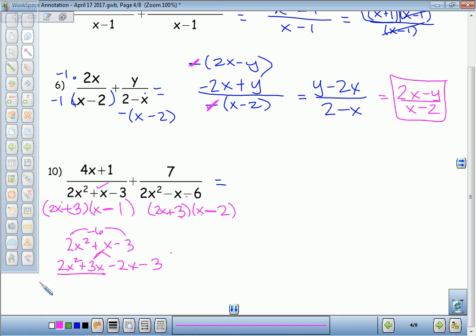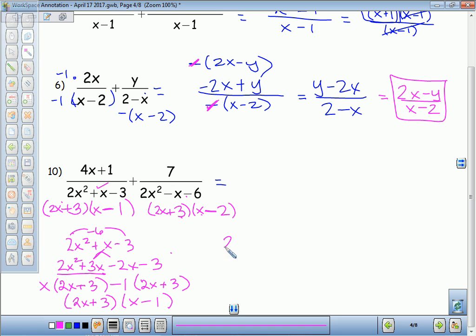And then you take the x out of the first group, and it leaves you with 2x plus 3. And then you take a negative 1 out of the second group, and it leaves you with 2x plus 3. So we know it's 2x plus 3 times x minus 1. So this is the term splitting way to do the same problem.